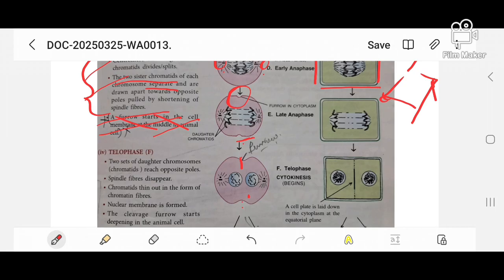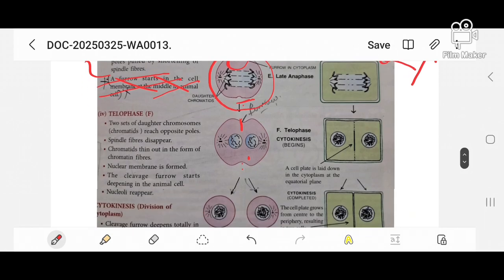So you have to understand the difference. If late anaphase comes, you have to be very conscious. Don't write telophase. See the furrow, a deep furrow, but not so deep. So I have told what telophase is. This is the main point. Furrow appears.